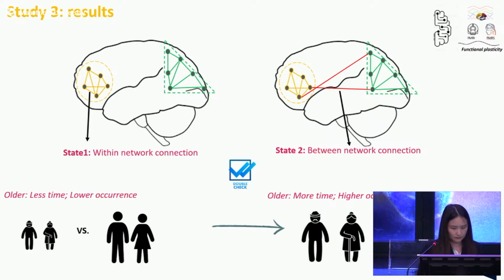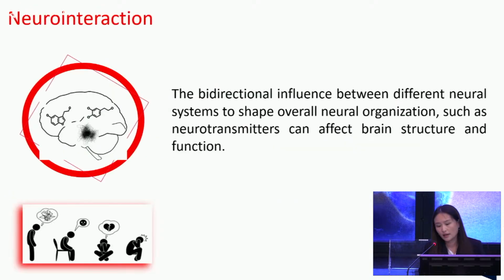In the last three chapters, we have described the brain plasticity in the healthy old participant. The brain plasticity can go wrong in psychosis, but the underlying mechanism is still not well understood. The neural interaction will provide a potential explanation.